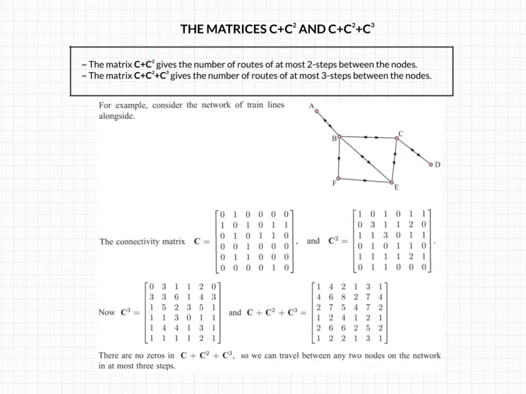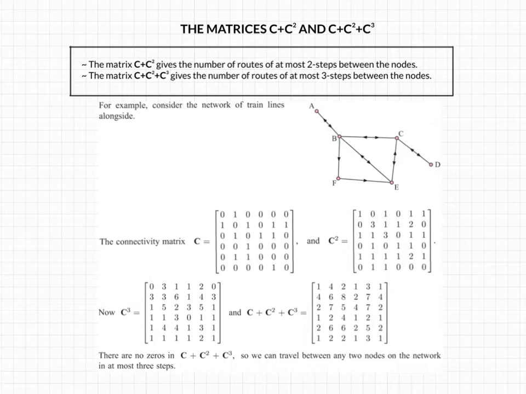We can also look at the matrix C plus C squared plus C cubed, which gives us the number of routes of at most 3 steps between nodes. This can be particularly useful when looking at networks of trains, or networks of connectivity as well.